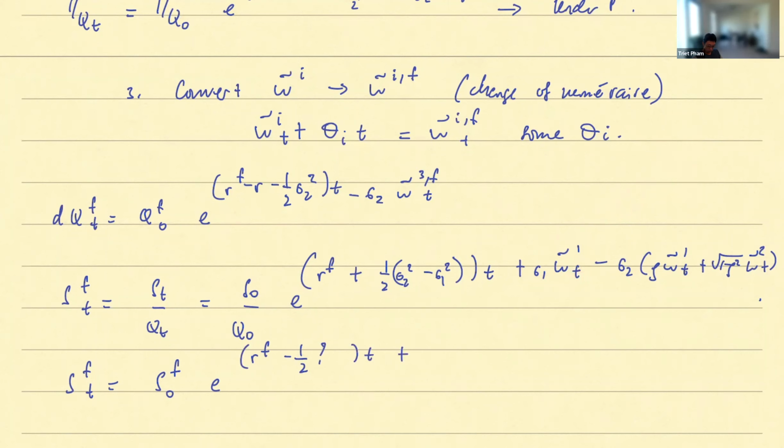And then you must have sigma 1 minus sigma 2 rho times the foreign Brownian motion. And then you must have this.